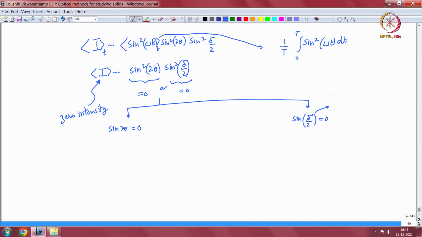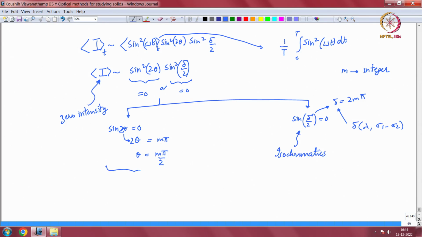So this will happen when delta is 2 m pi, and this will happen when 2 theta is m pi, or theta is m pi by 2. M is an integer. So this is exactly what we discussed before. Delta of course is the same one that depends on lambda and sigma 1 minus sigma 2, and this gives the condition for an isochromatic, and this gives the condition for the isoclinics.